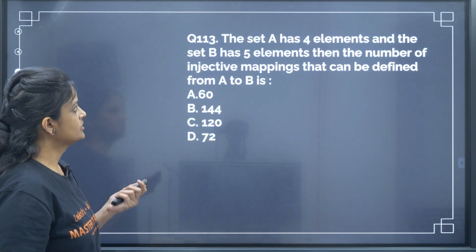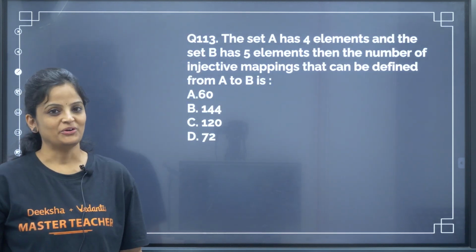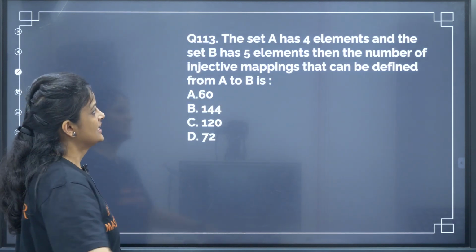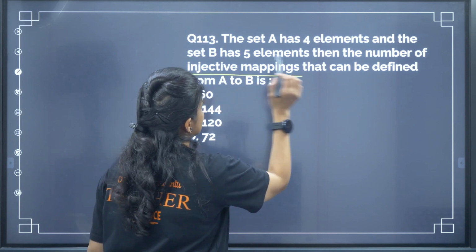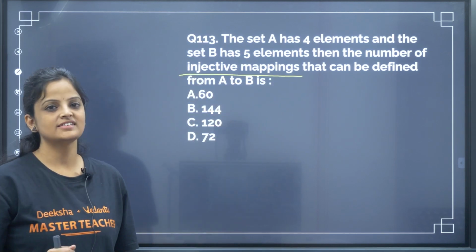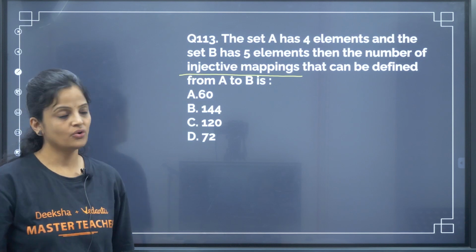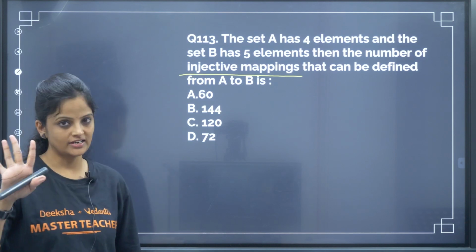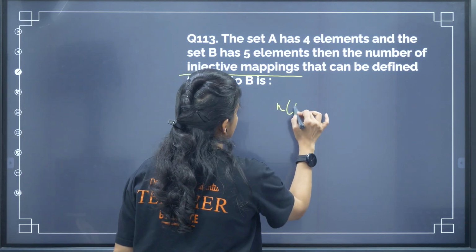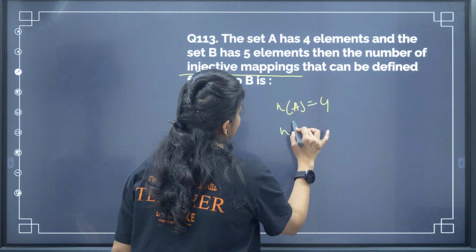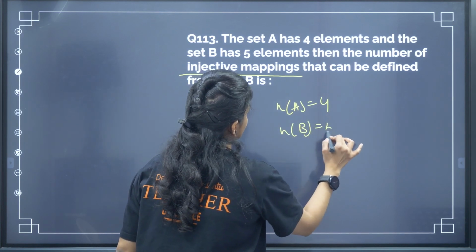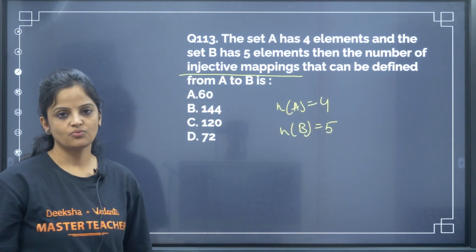Let's see the next question. See this, standard result. Set A has 4 elements, set B has 5 elements. So n of A is taken as 4. You write directly. Injective mapping is what they are asking.